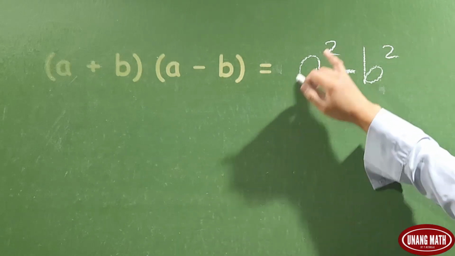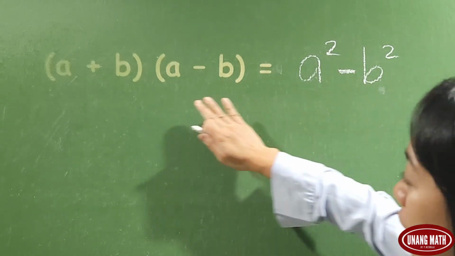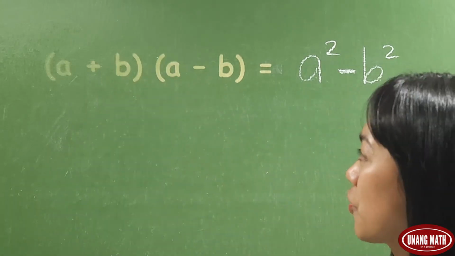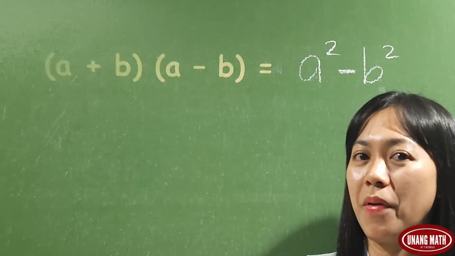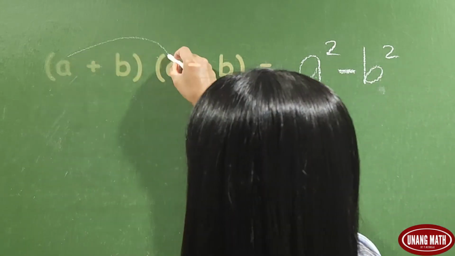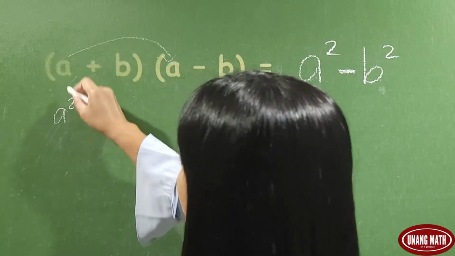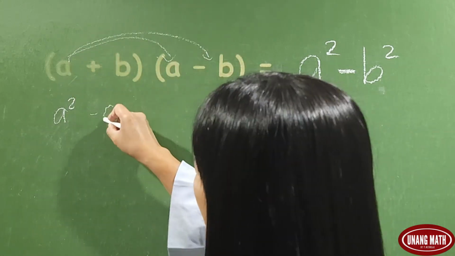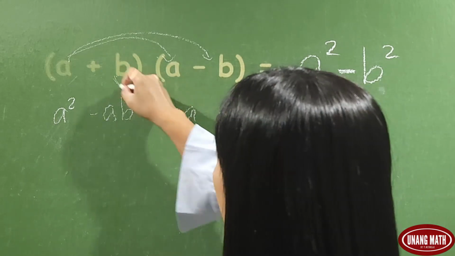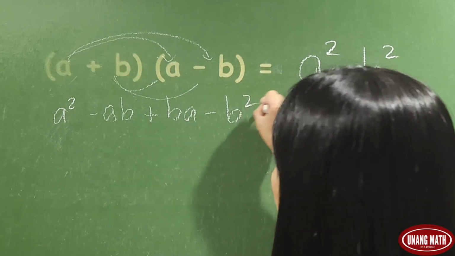So how did we get a squared minus b squared? We already studied that in this kind of expressions, we can expand these expressions using the distributive property. So using the distributive property, then this is a squared minus ab plus ba minus b squared.